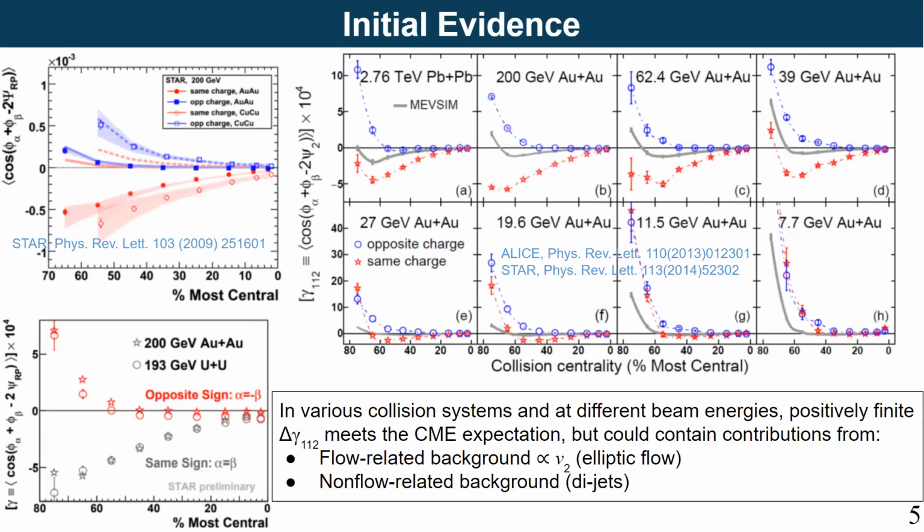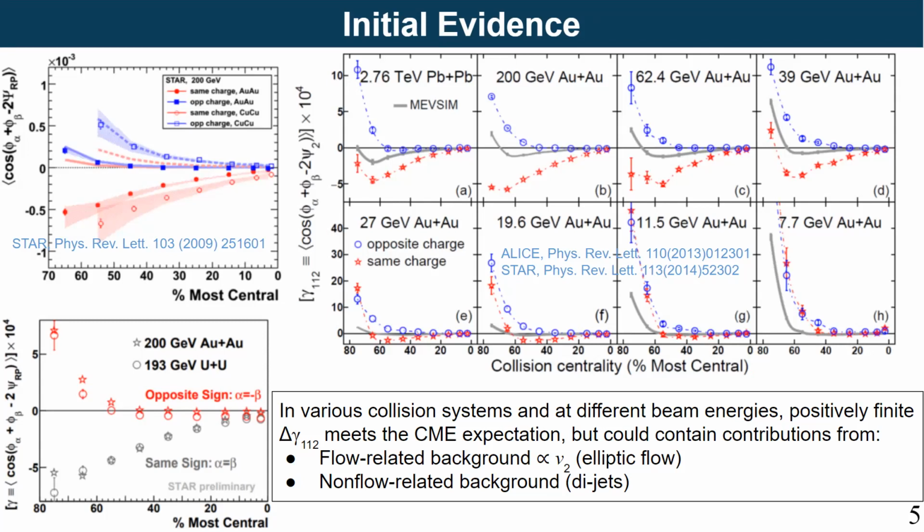So, initial evidence. In the beginning, we were pretty happy about the measurement. For example, for gold-gold collisions at 200 GeV as a function of centrality, where 0 means most central and 70 is peripheral. And we have also copper-copper collisions. The blue points are the opposite sign and the red points are the same sign.